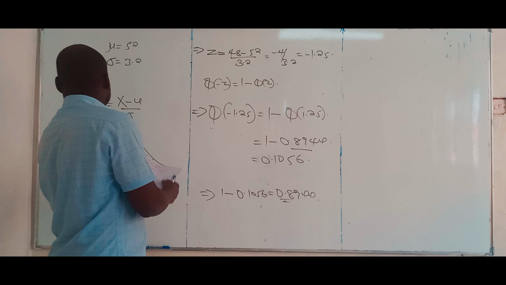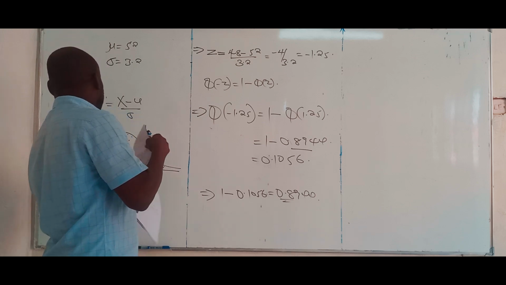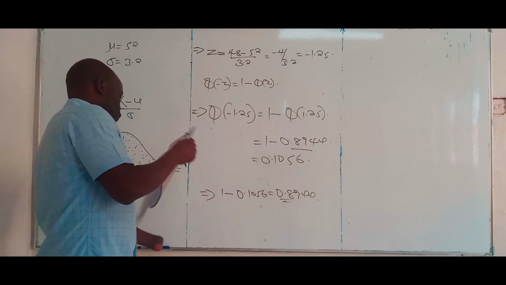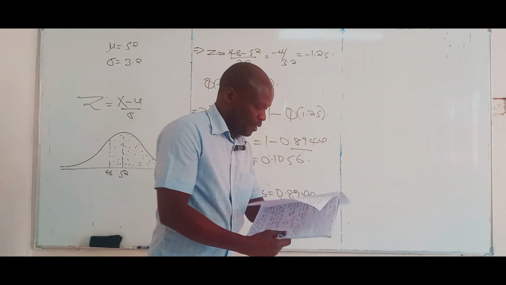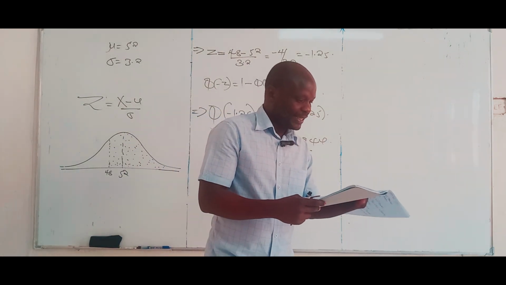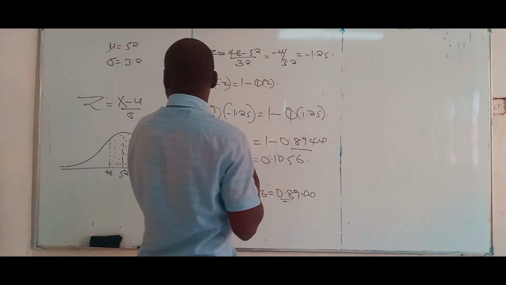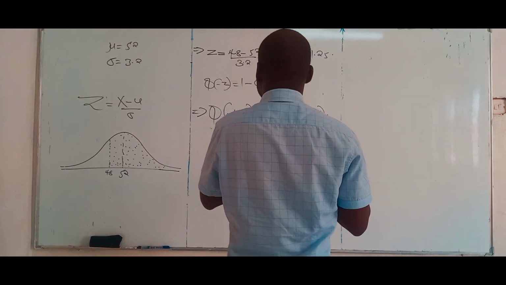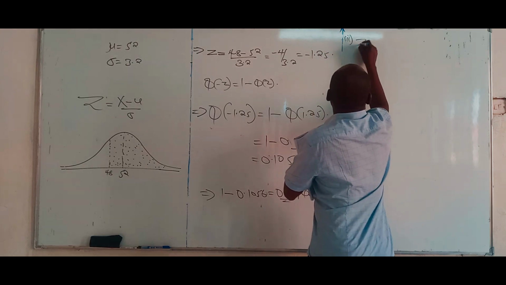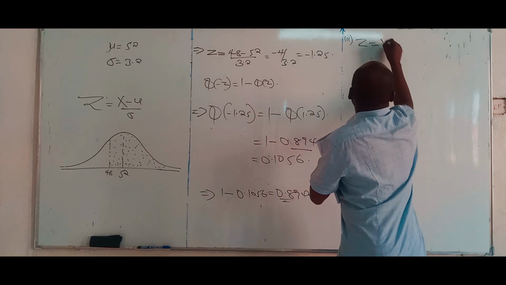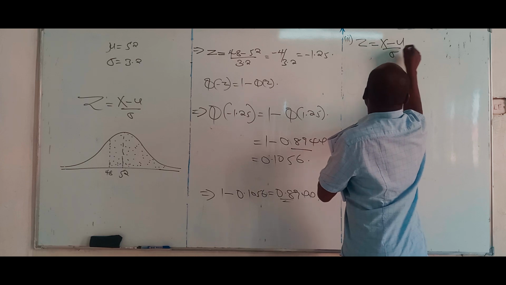So the next thing is to look at part 2. Part 2 of the question reads, greater than 60. Now we say z is this, as we had it before.